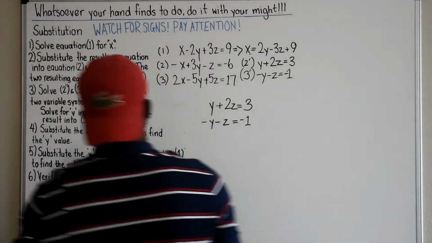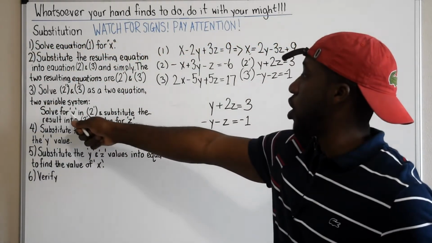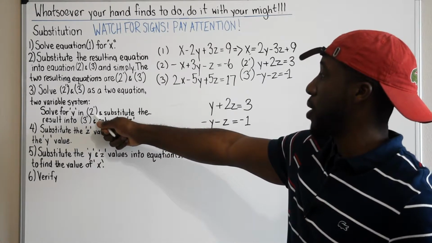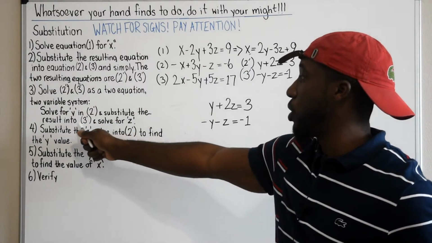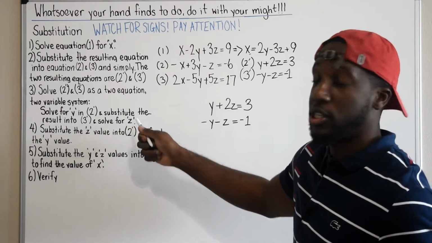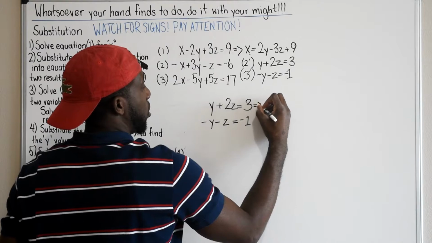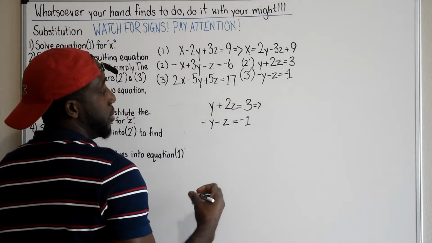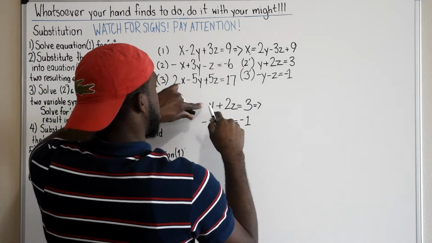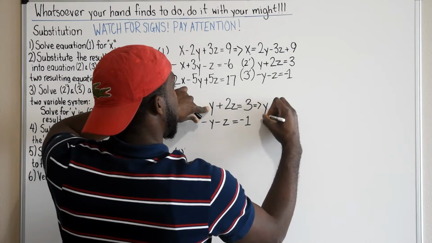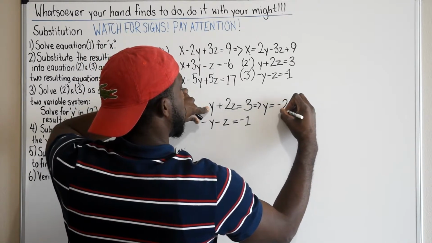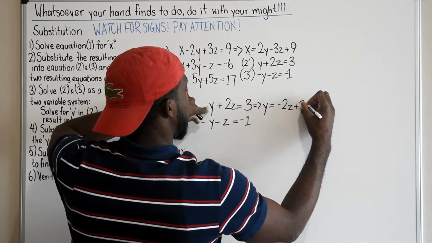All right. So we're going to solve for y in 2' and substitute the result into 3' and solve for z. All right. So let me make sure you can see. Okay, cool. All right, so we're gonna solve for y. So we got y equals negative 2z plus 3.